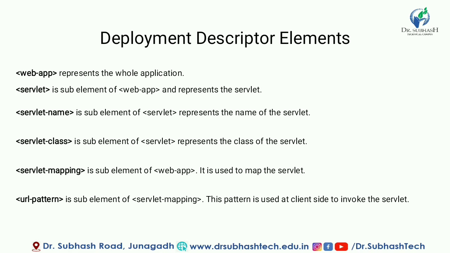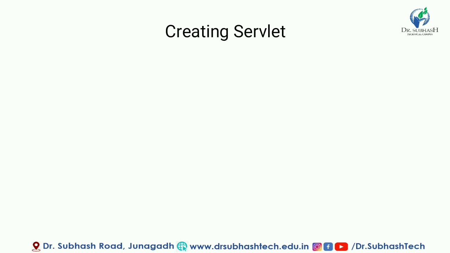This pattern is used at the client side to invoke the servlet. It means whenever we map a servlet and its URL pattern, we will use the elements servlet-mapping and url-pattern.